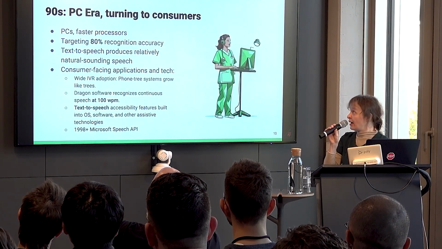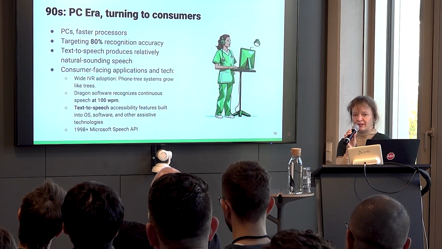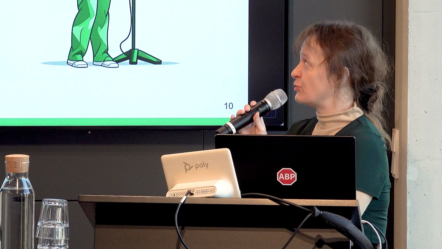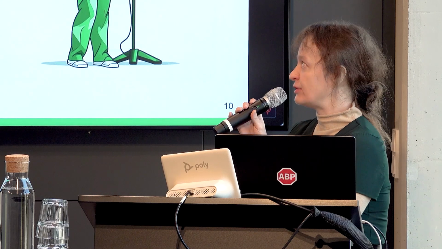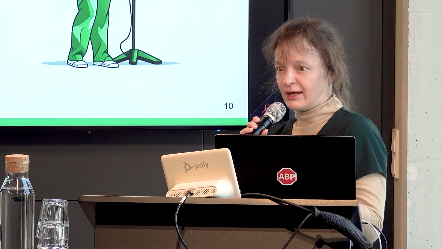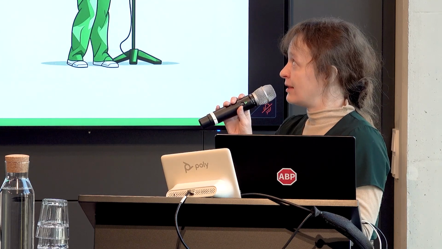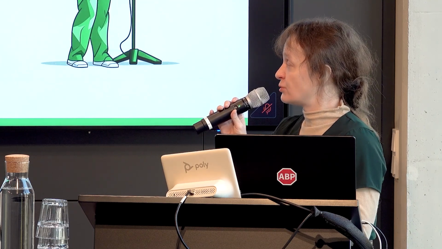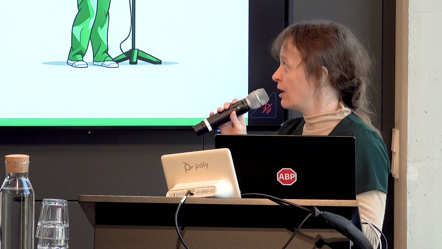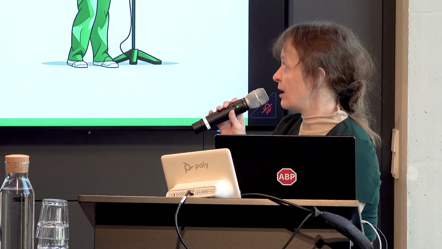In the 90s, we get to the PC era, with faster processing, and they were targeting 80% speech recognition accuracy. And we have the other side: not only that, we also have text to speech. It started producing relatively natural speech, though it still sounded automated.